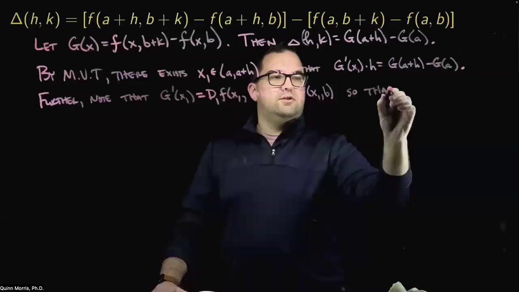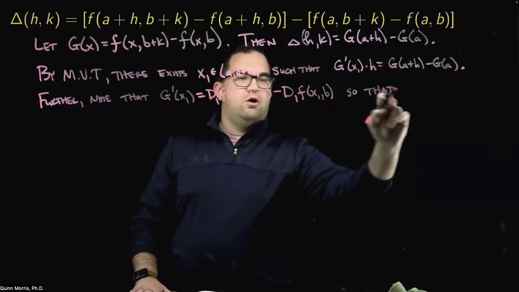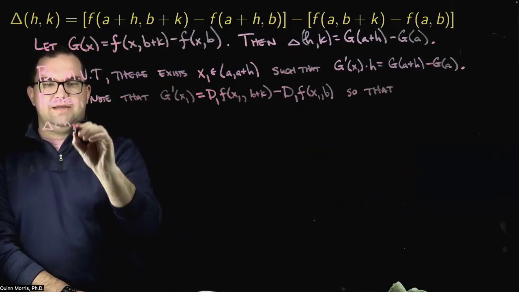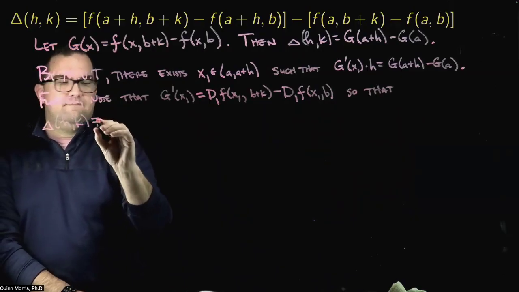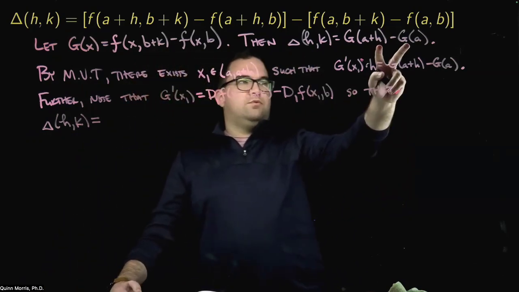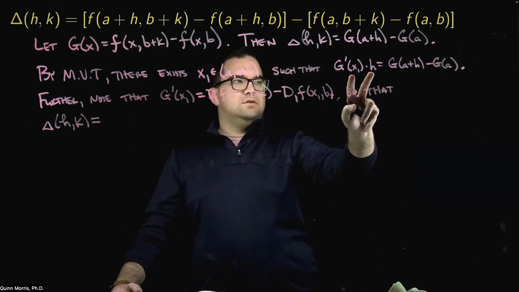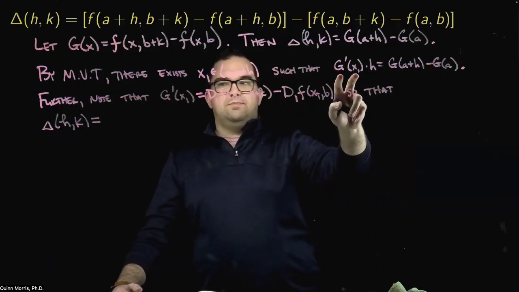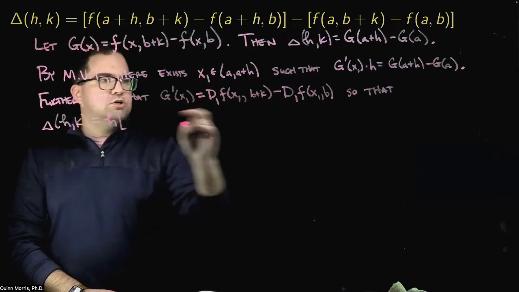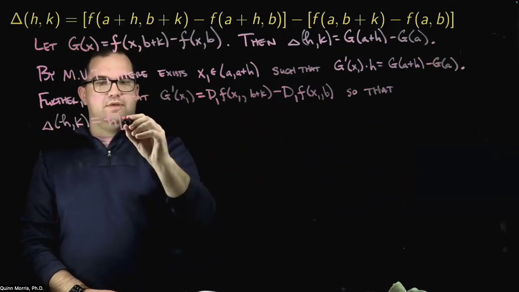Okay. And doing all this, now I can write delta hk as what? So let's see, delta hk was equal to this, but this was equal to this. So I really have h times g prime. So I have that this is h times g prime, which is now equal to this.